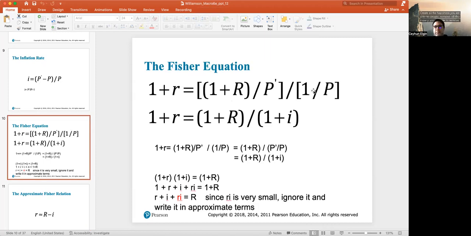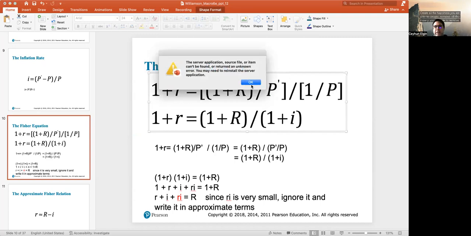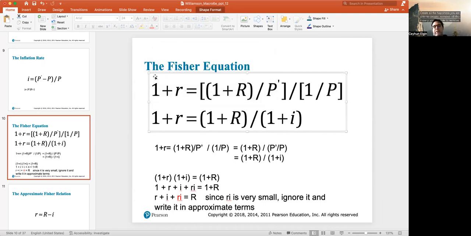So basically, let's say we have $1 here in the denominator, right? Now here I have the relationship 1 plus R is equal to, let me just use the annotation tool to make this easier to understand. So we have now 1 plus real interest rate. 1 plus real interest rate is the increase in the purchasing power, so to speak.